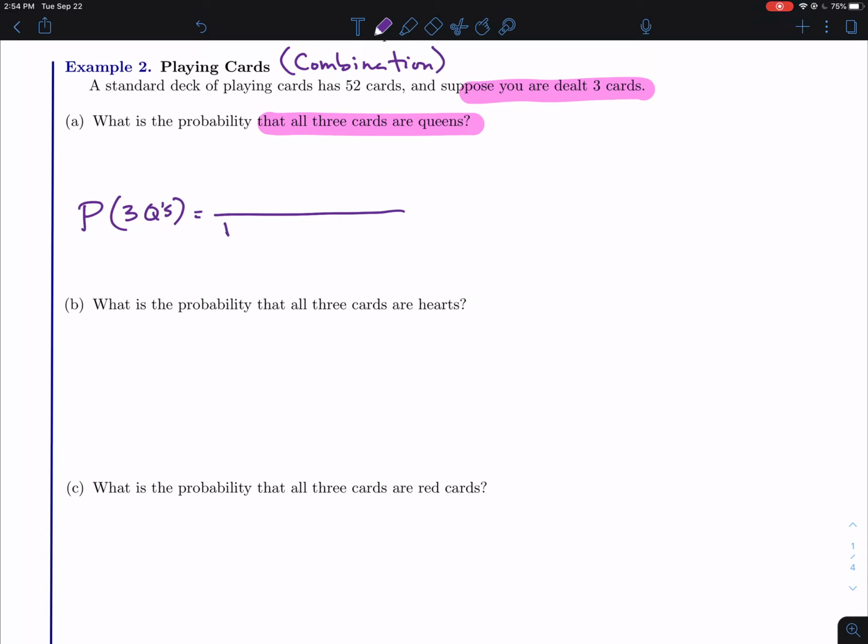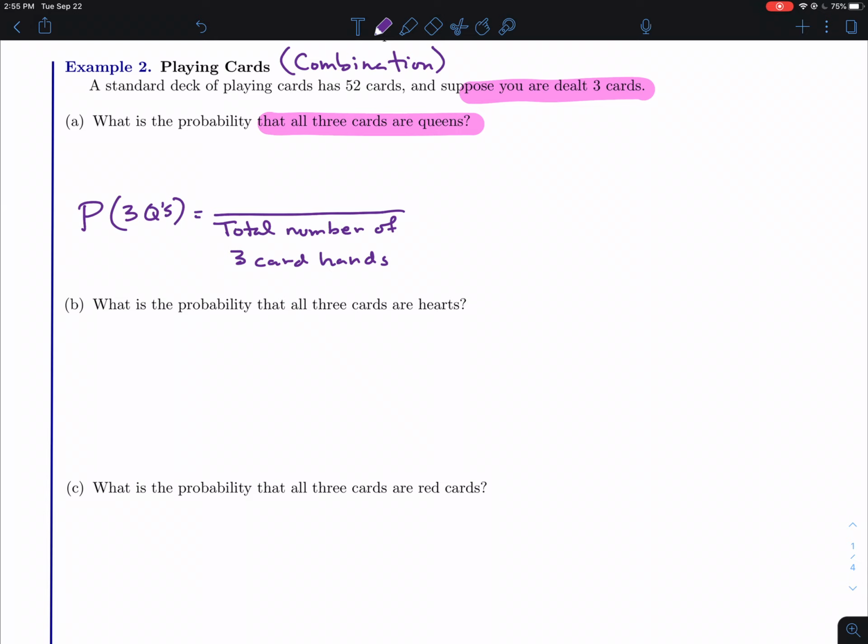So the bottom is just the total number of 3 card hands, with no restrictions whatsoever. It could have queens, it could have aces, it could have twos. Any possible 3 card hand you can deal me is going to be represented in that bottom.